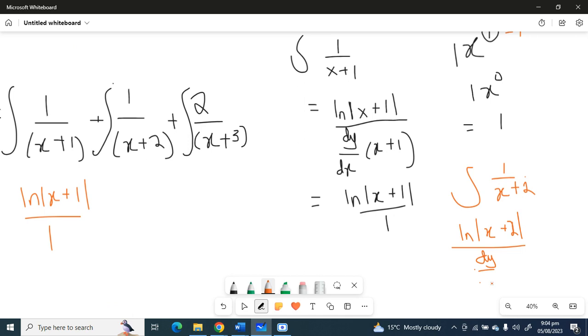Remember, in differentiation, numbers without a variable just disappear. That's why even here, this 2 is just going to go. The derivative of x to the power 1, again, is 1. So here you're going to put the natural log of x plus 2 over 1.